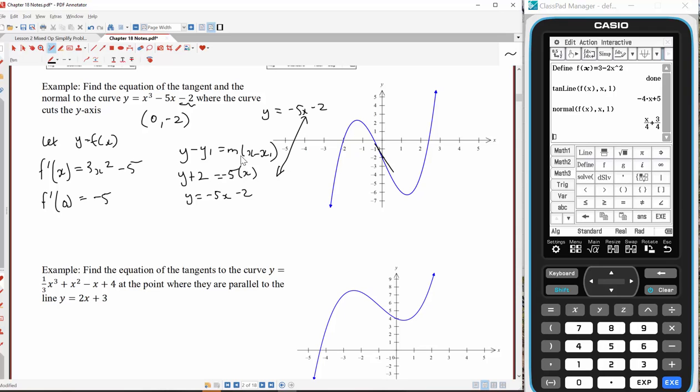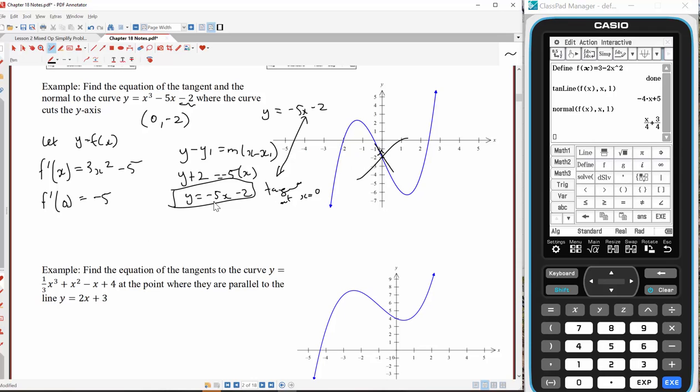So out it pops using the formula, but visually you can see that the tangent is going to go through -2. Now the normal: this is the tangent at x equal 0. We can get the normal by finding the negative reciprocal of that gradient, and the normal will be the line that runs 90 degrees, or perpendicular, to the tangent at that point.